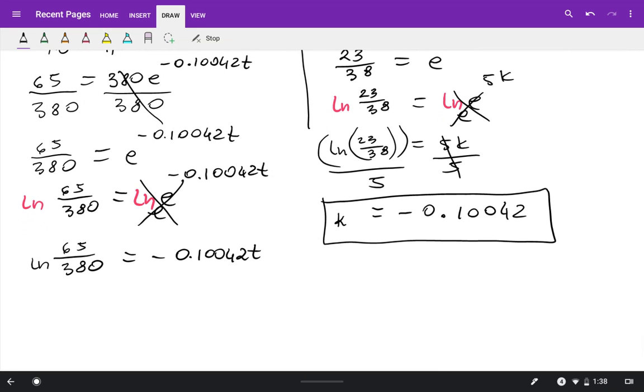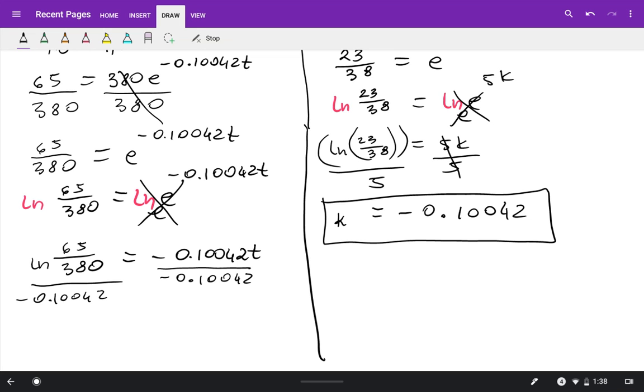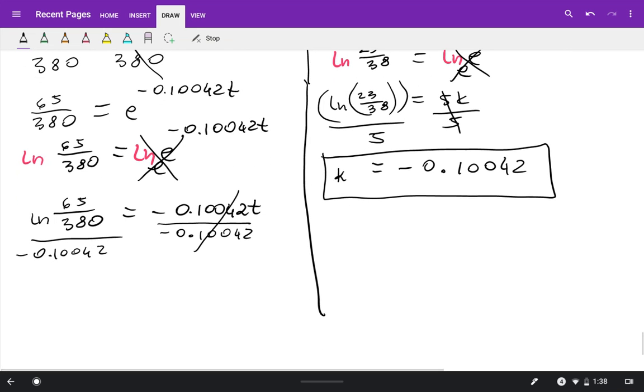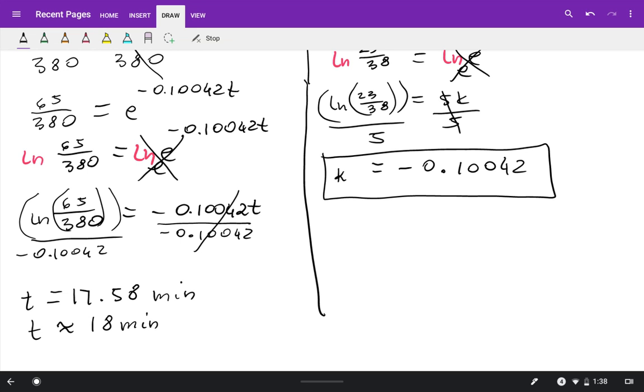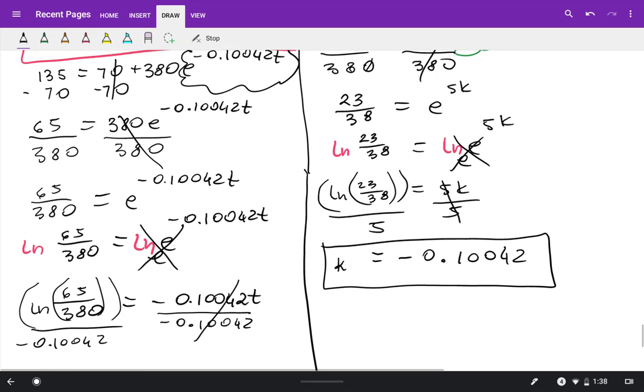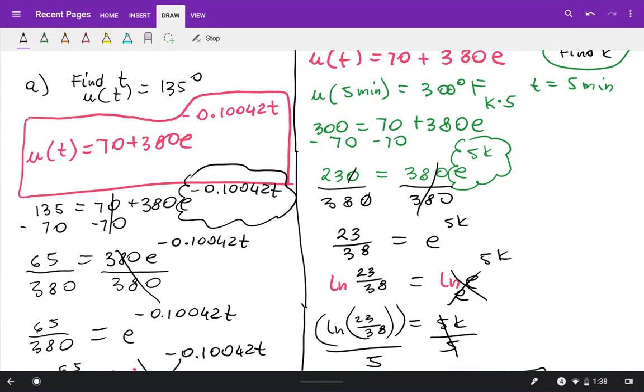And to get t by itself, we're just going to divide both sides by negative 0.10042. And when you plug it into a calculator, you're getting that t is equal to 17.58 minutes. So let's round it to 18 minutes. It takes about 18 minutes for that pizza pan to cool off to 135 Fahrenheit.